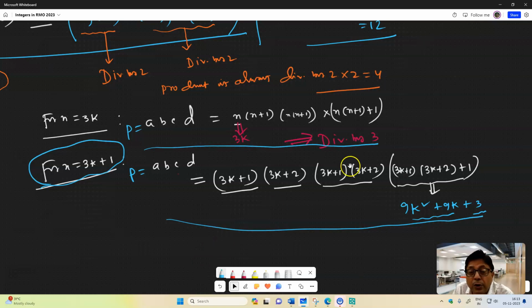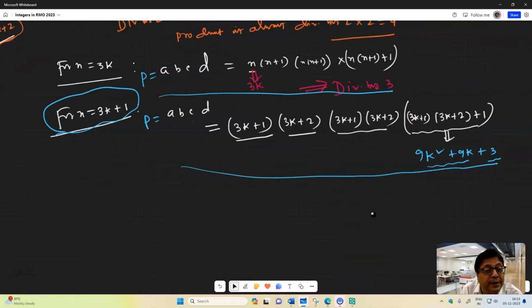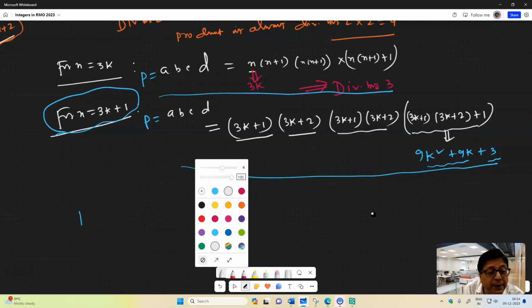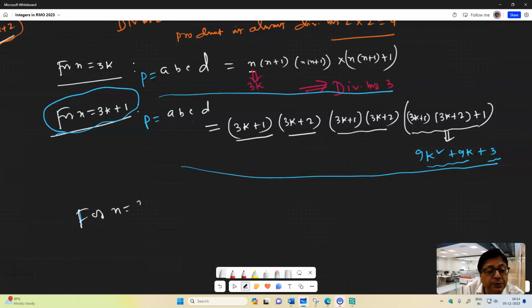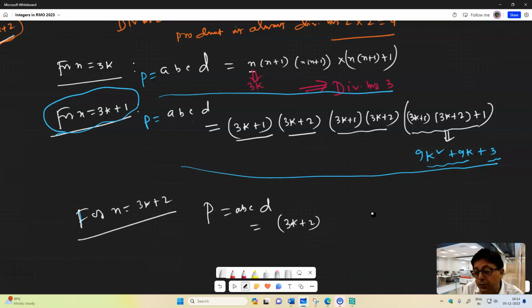So for all values of n, it is divisible by 3 or not, we have to check with the other value of n, because integers can be taken in this form also, for n equal to 3k plus 2. What will happen for n equal to 3k plus 2? If you find the product P equal to A into B into C into D, here it is 3k plus 2, then 3k plus 3, then 3k plus 1, already done.